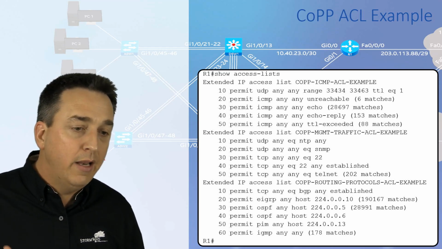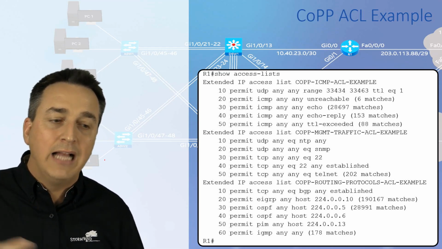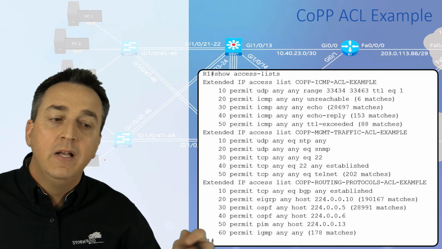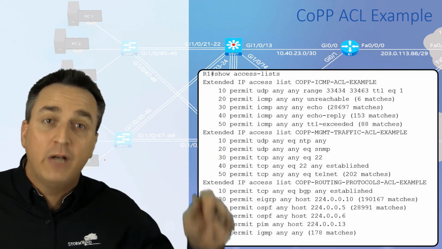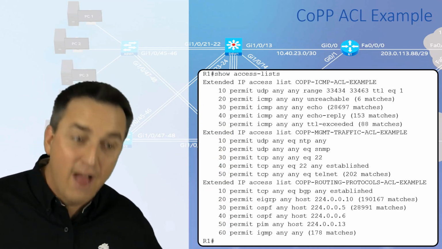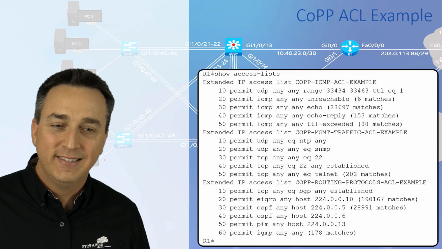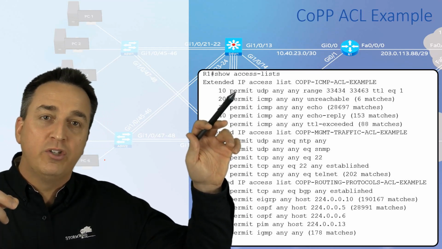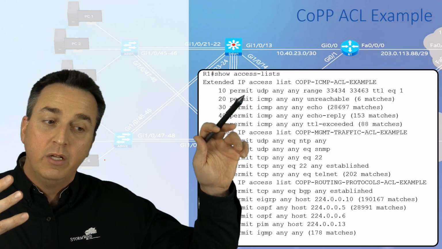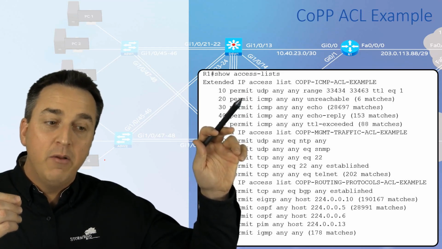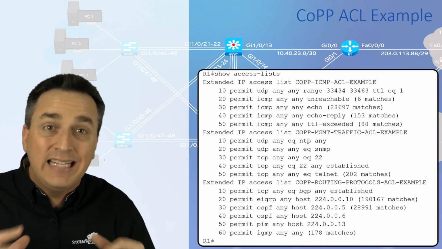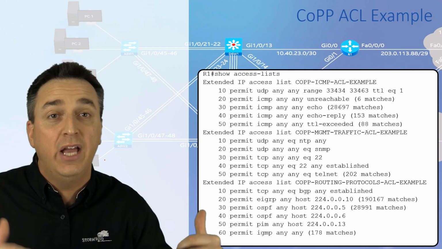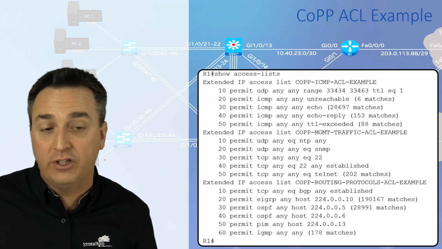Now, in order to get a class map for each and every single one of these, it means that you're going to have a different access control list for each and every single one of these. So that way this ACL goes into a class map, which then you apply a specific policy to. Then this one goes in a different class map. So you would have to have a different ACL, not different entries, different ACLs, each with a single entry inside each and every single one of them.